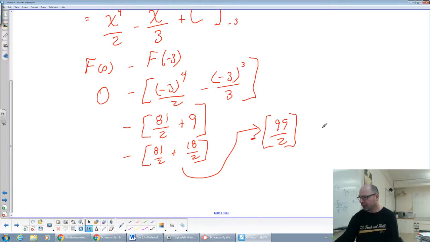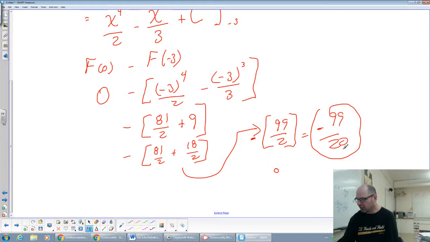So that'd be -99 over 2. Or if you like it as a mixed fraction, over 2. Pardon me there, guys, I just threw an extra 0 on there for no particular reason. So negative 99 over 2 would be -49.5.